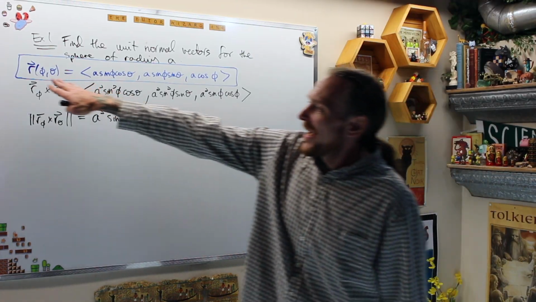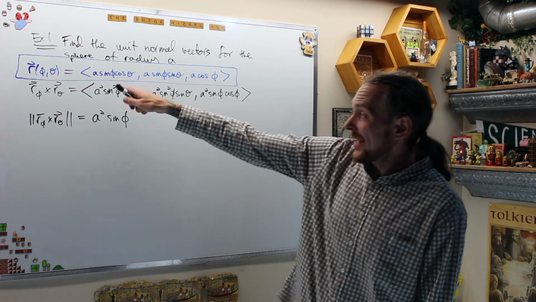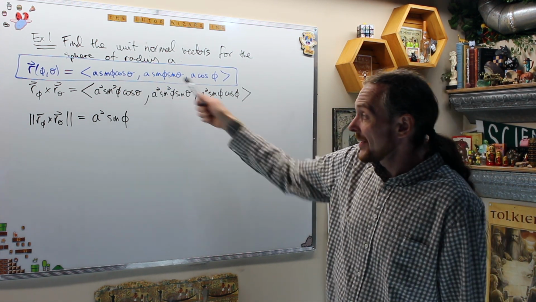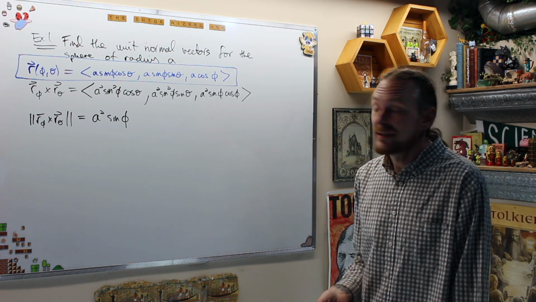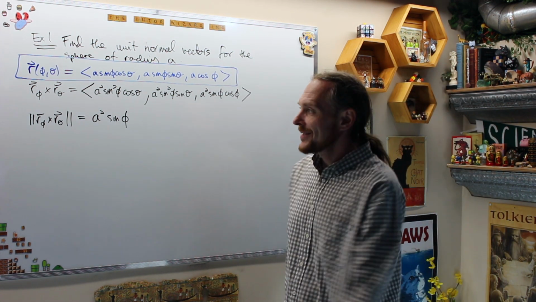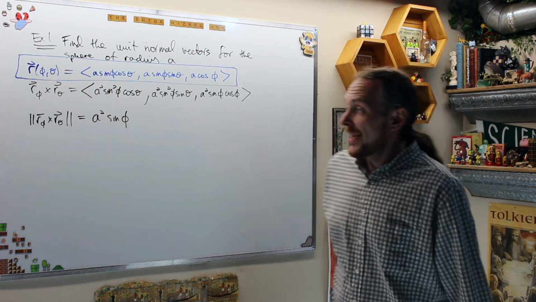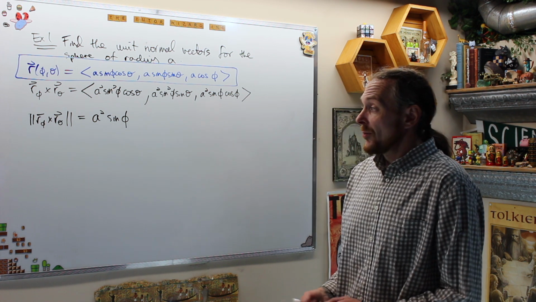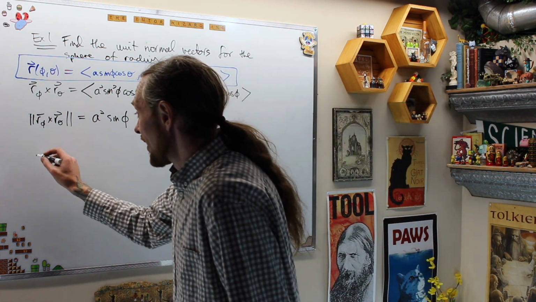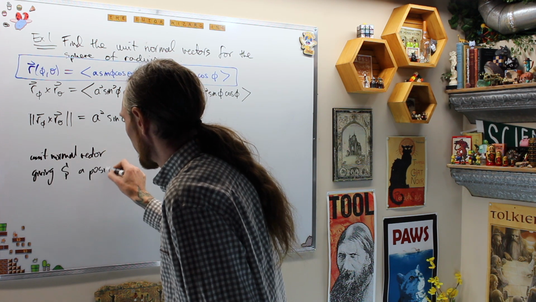Now recapping, we have our original parameterization of the sphere, which was r of phi, theta is a sine phi cos theta, a sine phi sine theta, and a cos phi. We computed with great difficulty, probably you'll agree when you try these ones out, the cross product of r phi and r theta, and then we created their norm. What that now gives us is the unit normal vector, giving S a positive orientation.